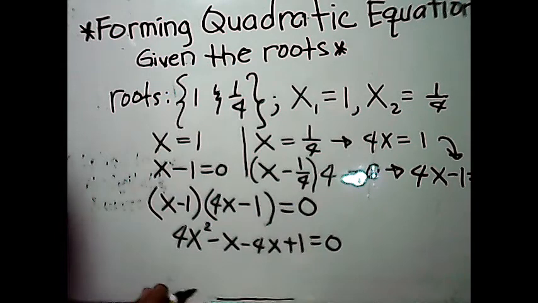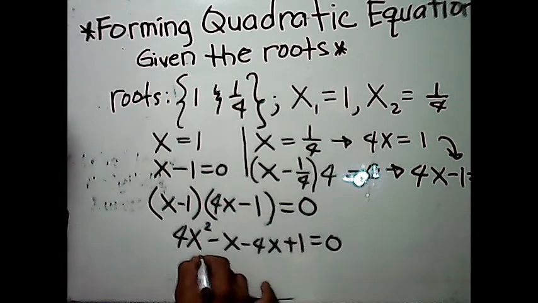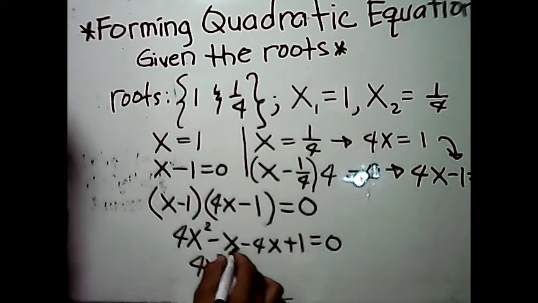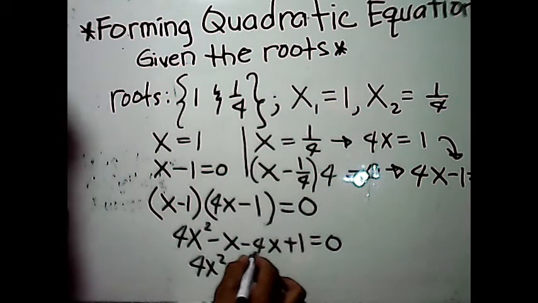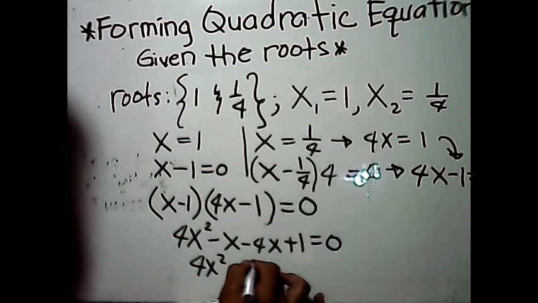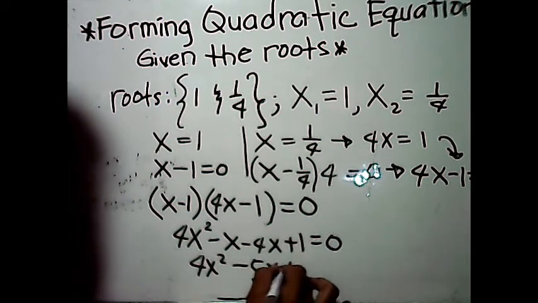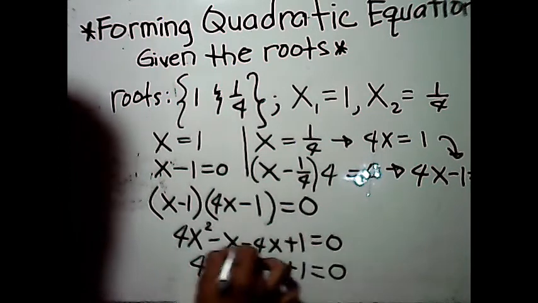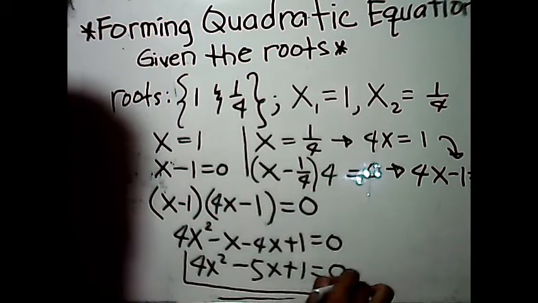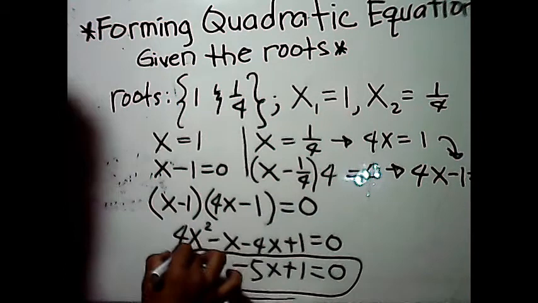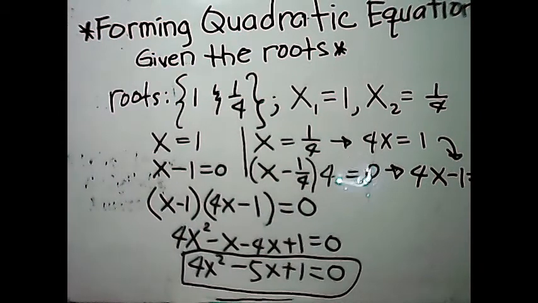Then simplify, combine like terms. We have 4x squared, copy, and the negative x minus 4x is negative 5x plus 1 equals 0. So this is now our quadratic equation in standard form.